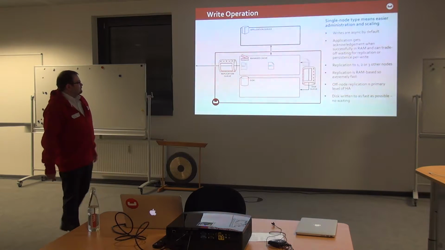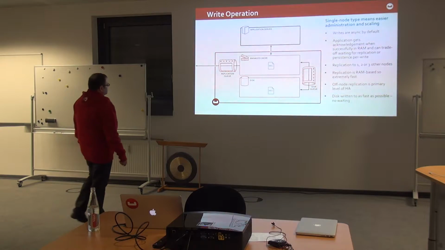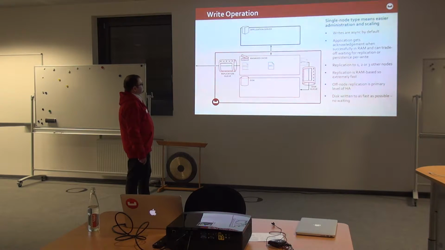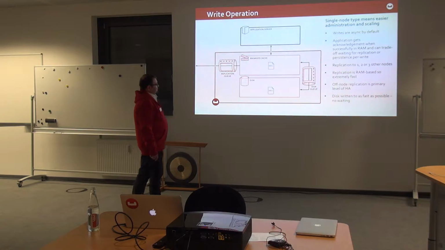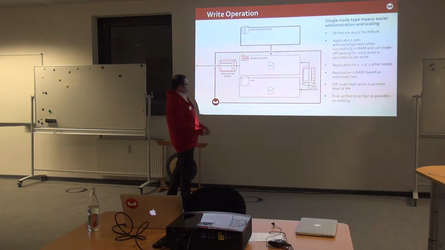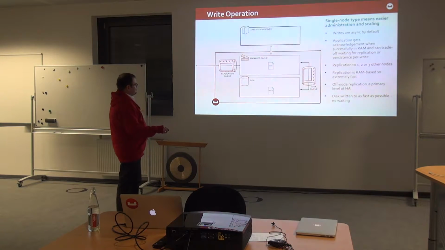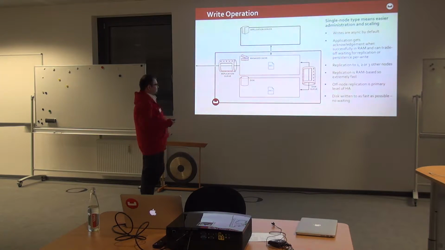Okay, a little bit about, it's actually not the architecture, but it's explaining how a write operation is working, and it's mentioning some architectural components. So if you write a document, it's going through the managed cache. Right? From the managed cache, it's added to a disk write queue and to a replication queue, and it is asynchronously written by our persistence engine to disk, and also replicated over to another server of the cluster.